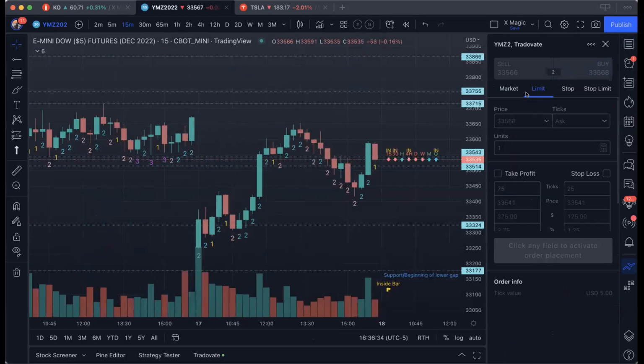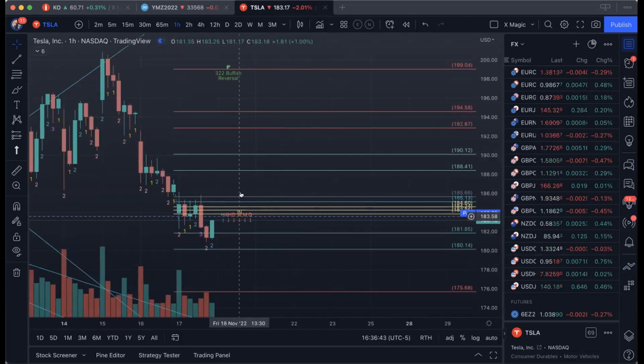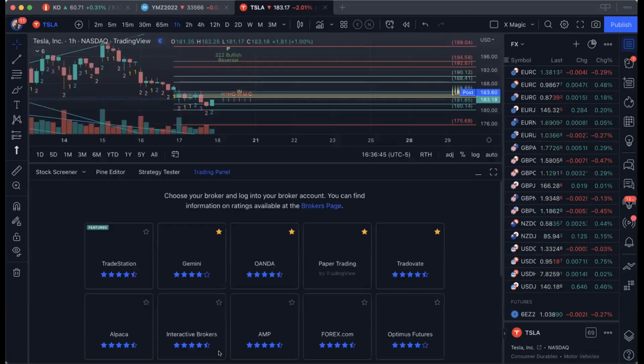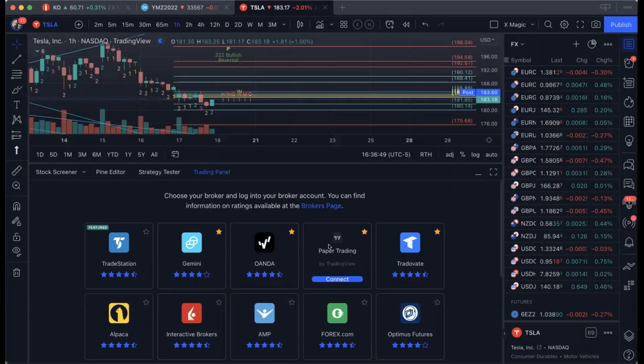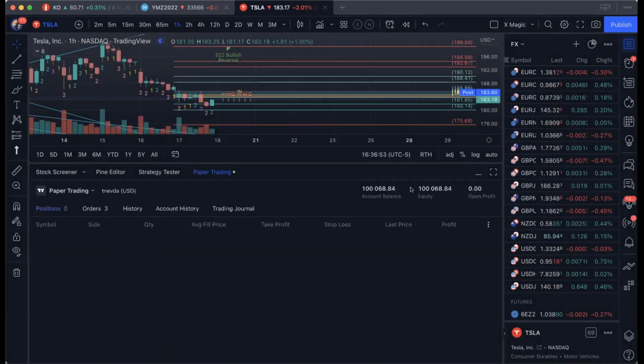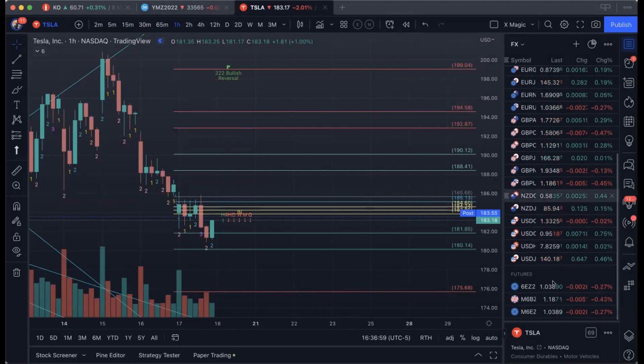Now, when it comes to placing orders, for those who do use TradingView, it's pretty easy to place orders. I'll paper trade this for the sake of the conversation. And you can paper trade as well, so you don't actually lose your real money as you practice. There are also futures for Forex pairs.